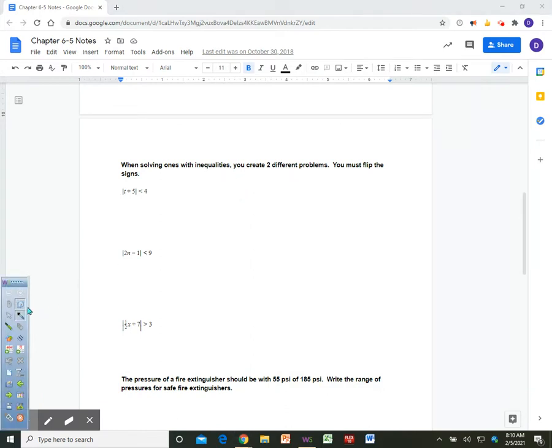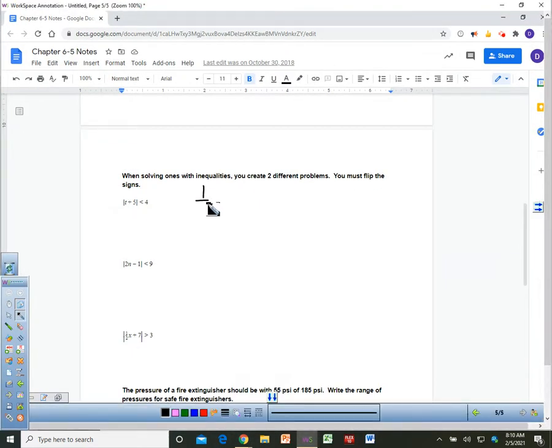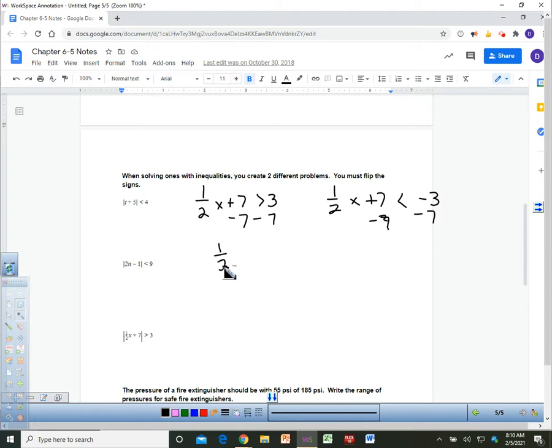All right, we got one more. Same thing. Set up the first one exactly how they show it. Set up your second one. You flip your sign and you make it negative. Okay, so now we're adding 7 to both of these. So 1/2 x is greater than -4. 1/2 x is less than -10.